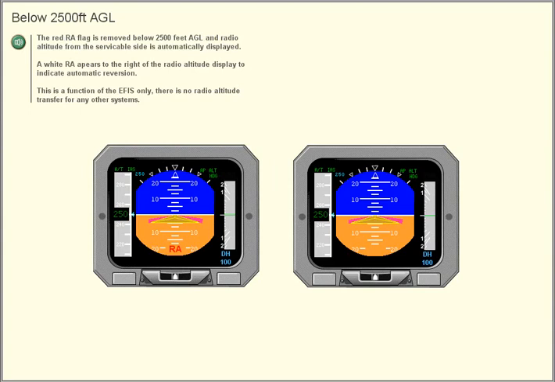Below 2,500 feet AGL. The red RA flag is removed below 2,500 feet AGL, and radio altitude from the serviceable side is automatically displayed. A white RA appears to the right of the radio altitude display to indicate automatic reversion.